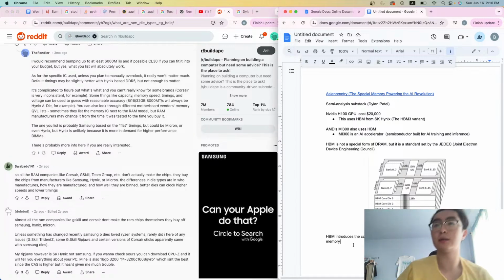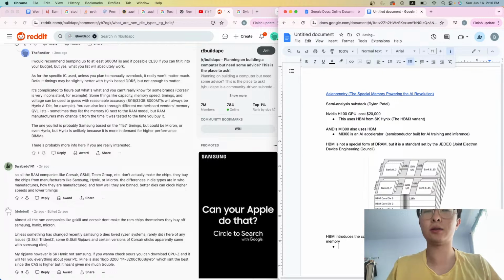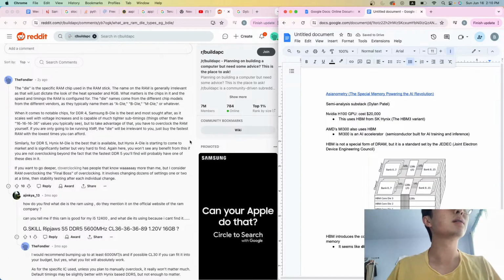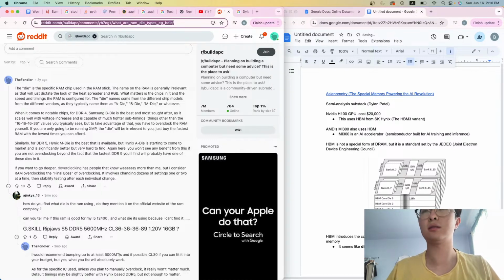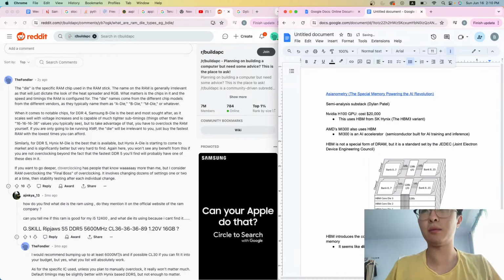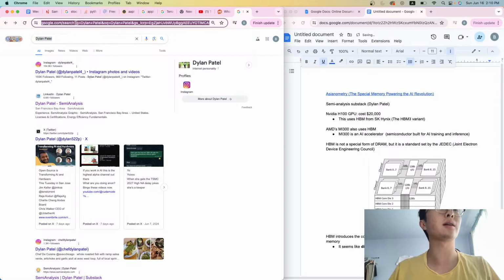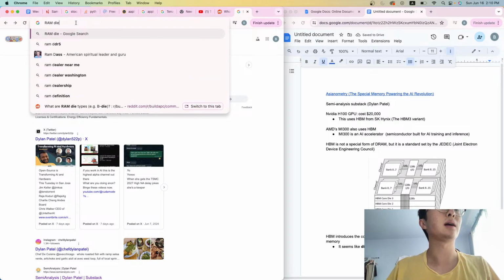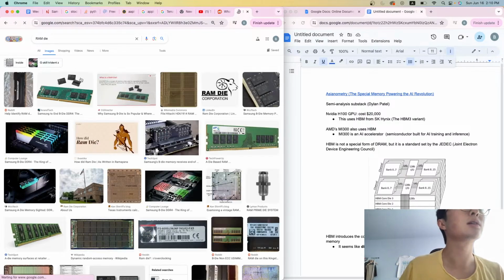Okay. So it seems like dies refer to the specific RAM chip on a RAM stick. Okay. Maybe I'm gonna trust this guy on Reddit, but let's take a look at what a RAM die looks like on Google Images.